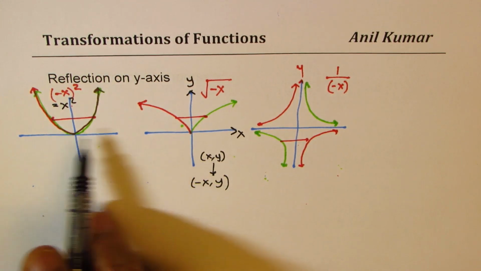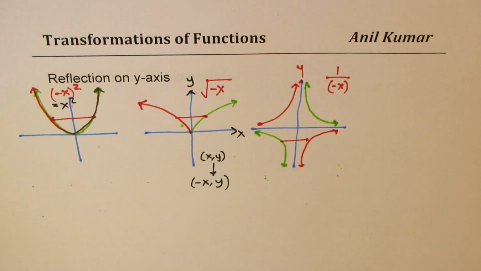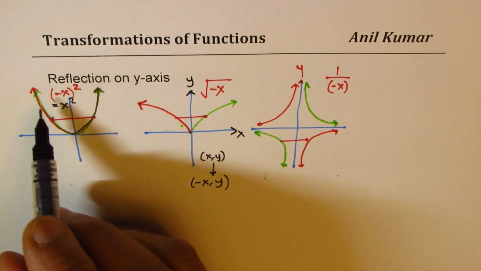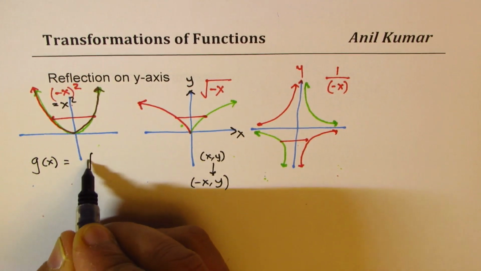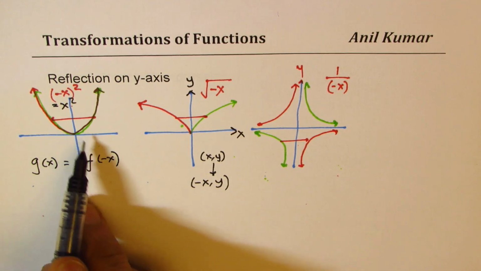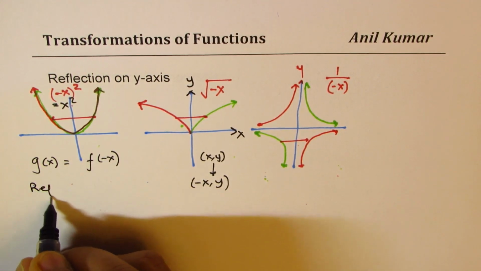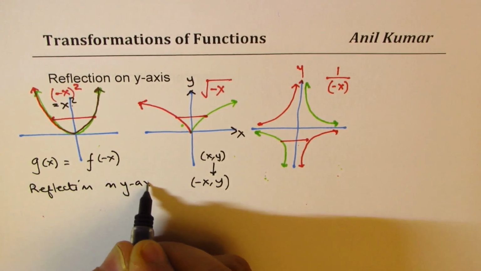So that is how the graphs can be shown after reflection on y-axis, right? Now in this particular case, you see that g of x, which is f of minus x, for a parabola, is kind of the same, right? So when you have something like this, we say reflection on y-axis.